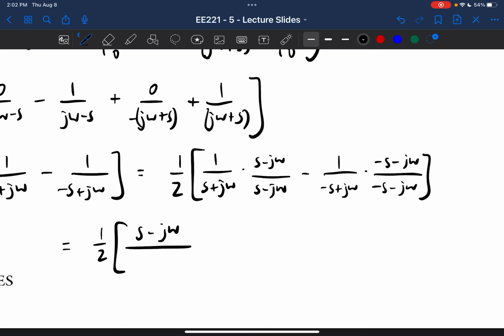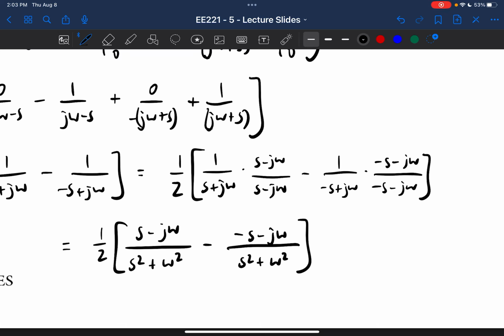And then in the denominator, I get an s squared. Of course, these two terms get squared, and then the s times negative j omega and the s times positive j omega cancel. So I just get s squared plus omega squared. And then I get this minus, let's see here, it's going to be negative s minus j omega on the numerator divided by, and then down here again I'm going to get s squared plus omega squared.